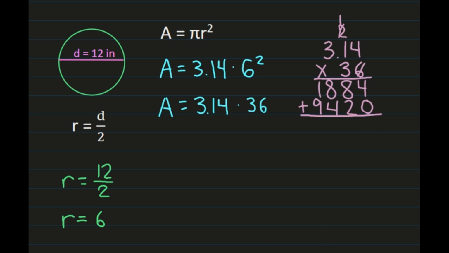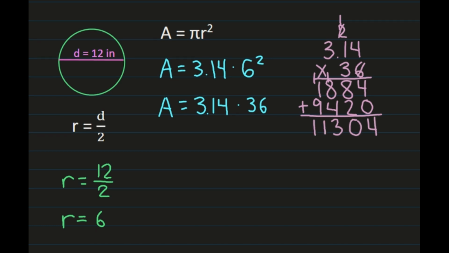And I have 4 plus 0 is 4. 8 plus 2 is 10. 8 plus 4 is 12, plus 1 more is 13. And 9 plus 1 is 10, plus 1 more is 11.